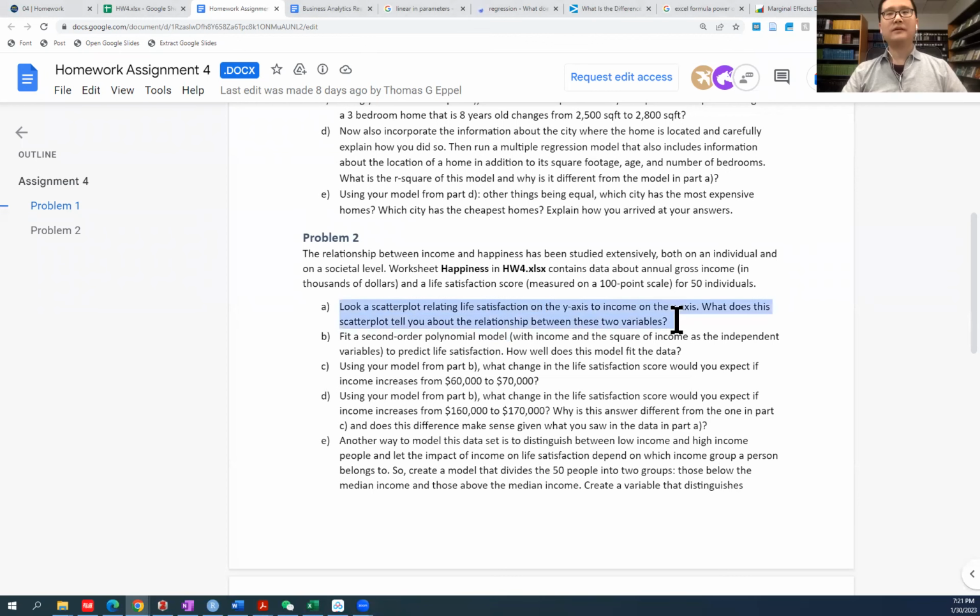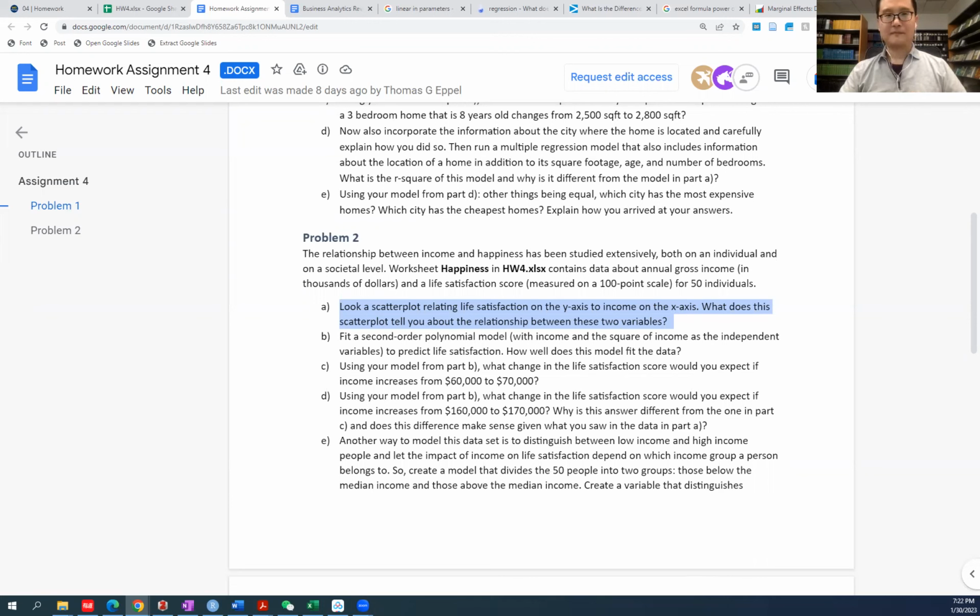Yeah, so in part A, we need to generate a scatter plot to relate satisfaction with income. And to help with your understanding, it particularly says that we should have life satisfaction on y-axis and income on x-axis. I think the professor added these notes because many students previously have mistakenly switched what should be on the horizontal and vertical axis.